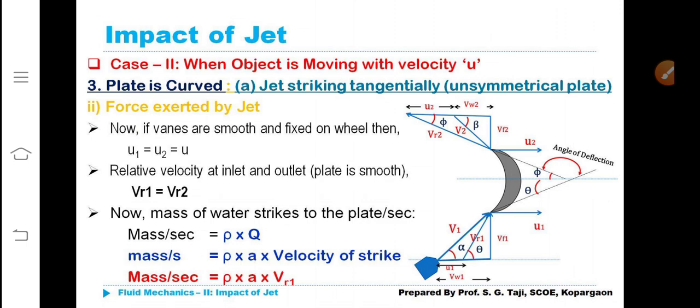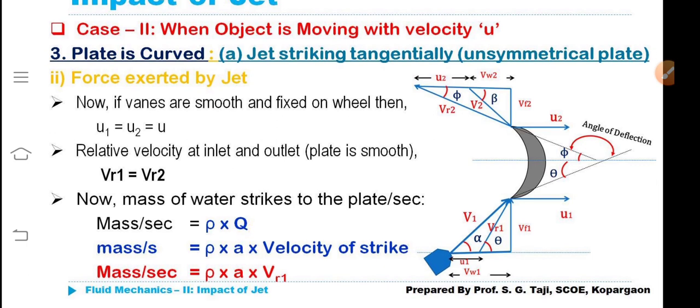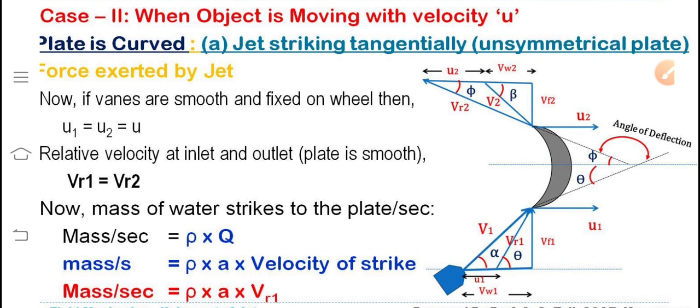Force exerted by the jet. Okay, now the inlet velocity triangle and outlet velocity triangle are written very clearly as before. That was magnified. This is a little bit non-magnified, that's all. If vanes are smooth, always we have to assume while deriving, even in numerical problems also.